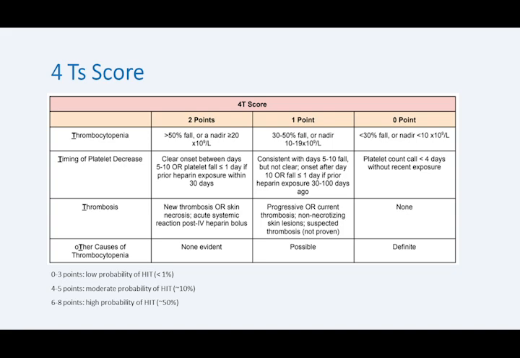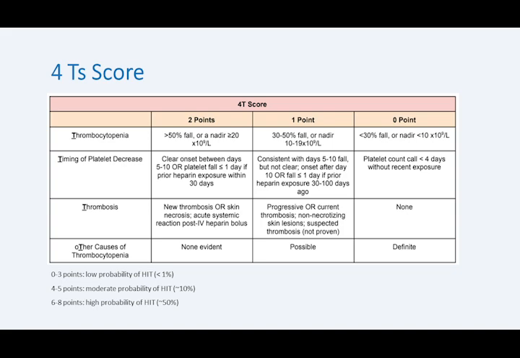For example, for thrombocytopenia, if there is a greater than 50% fall in platelets and the platelet count ends up being about 20,000 or higher, that's the highest point that you could give. And it goes all the way to 0. It's interesting to point out that the drop in platelets is more associated with HIT than the lowest possible platelet count itself. Timing, again, is important.